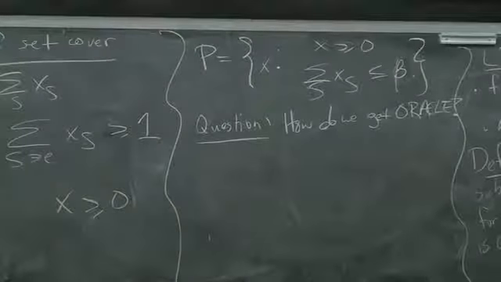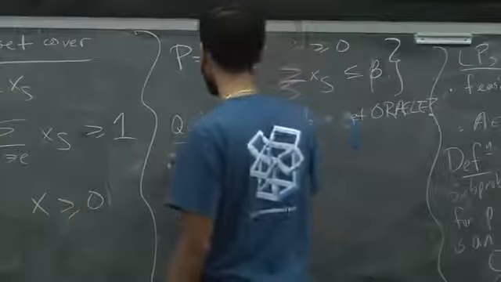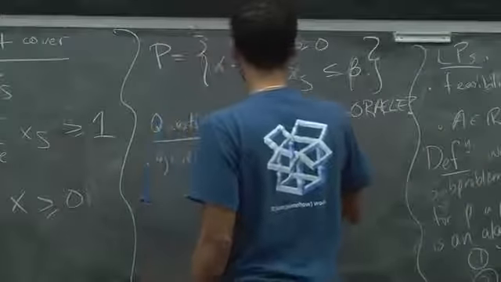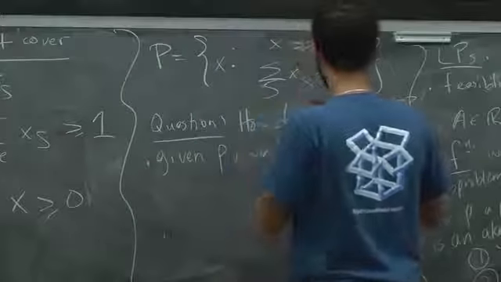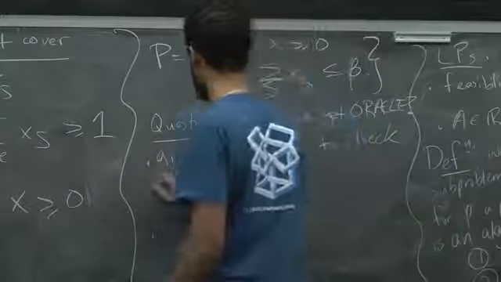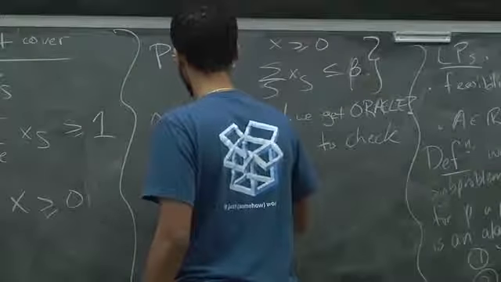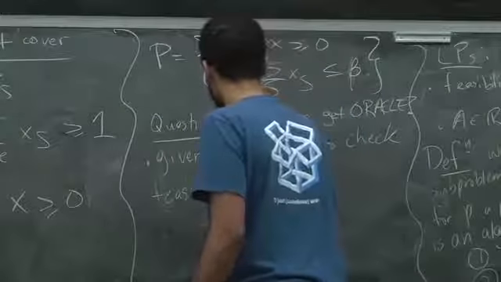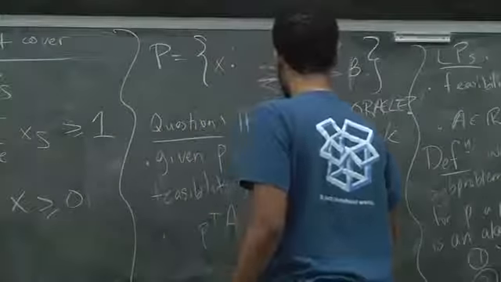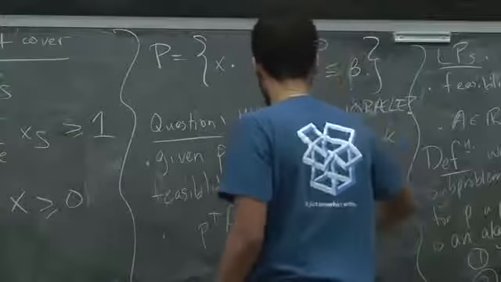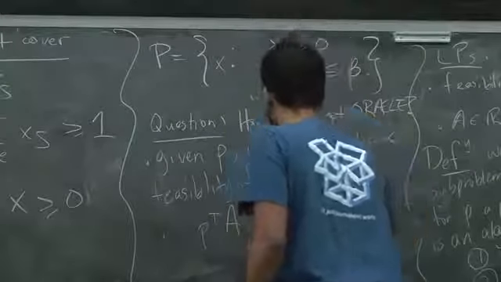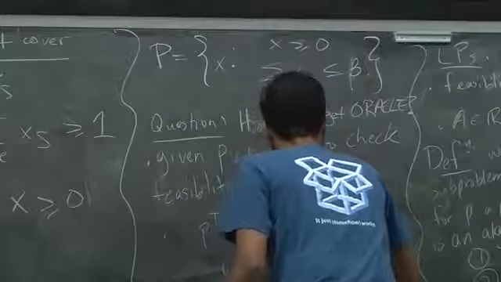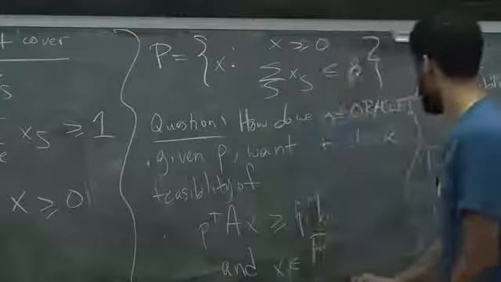Okay, so we're given some p, and we want to check feasibility of p transpose Ax is greater than or equal to p transpose b, and x has to be in this set capital P. Okay, so how are we going to do that?